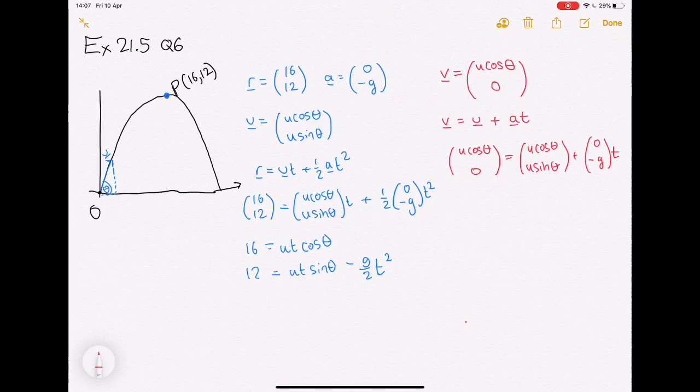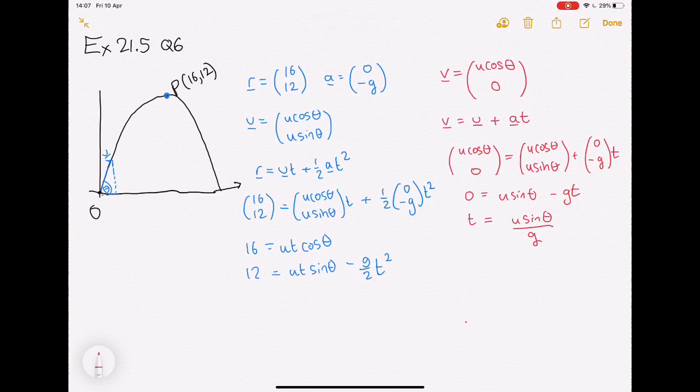The top line doesn't tell us anything interesting, but the bottom line does. It tells us that 0 equals u sine theta minus gt, and rearranging that for t, we get t equals u sine theta over g. That's the third equation we want.